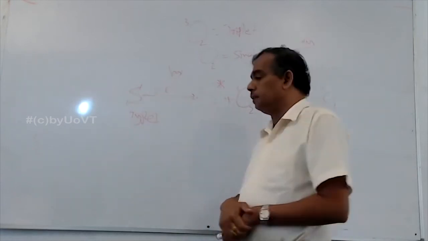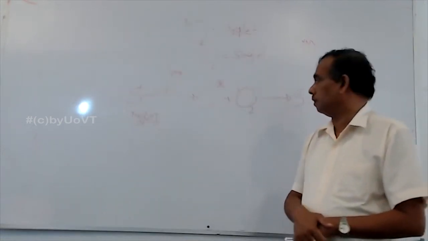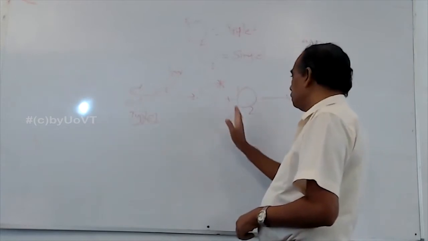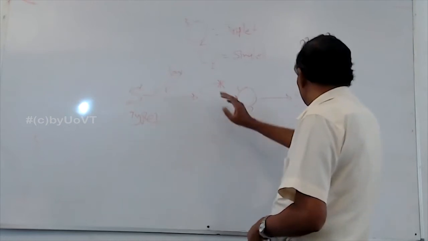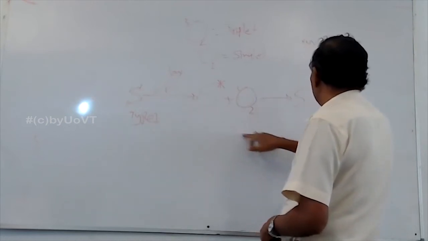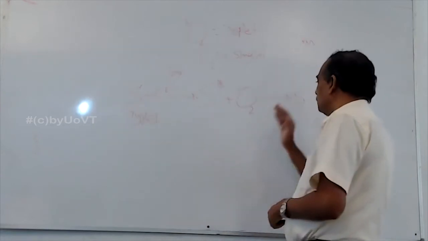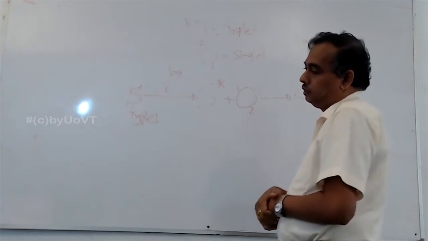The spin quantum number of this oxygen is 3, triplet state oxygen. Then triplet state oxygen absorbs this energy. Because of this absorption, S star is converted to normal S because all the energy is transmitted to the triplet state oxygen.